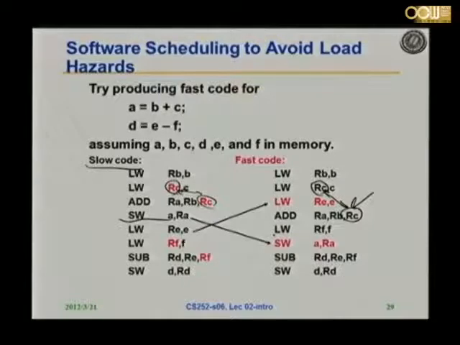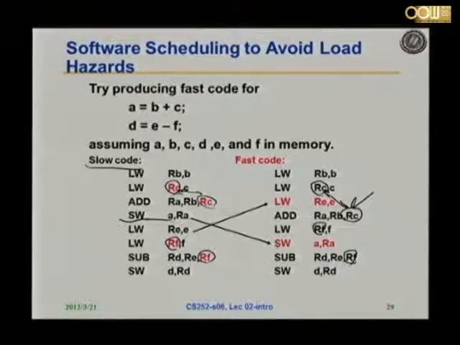What about here? I have an RF generated by this load and used right away by this subsequent instruction. Then I can defer the execution of this instruction by one cycle to allow for sufficient time to do load data forwarding.